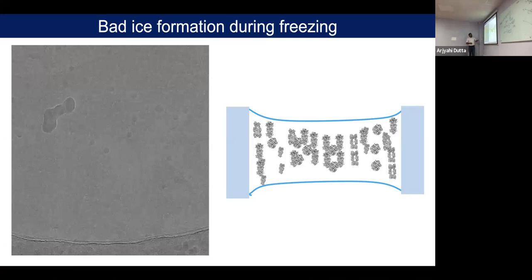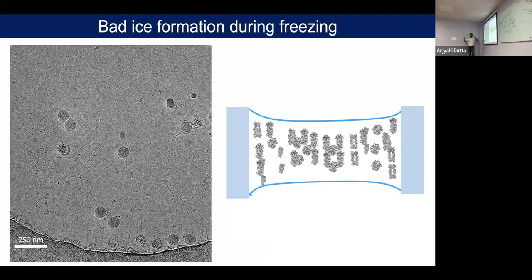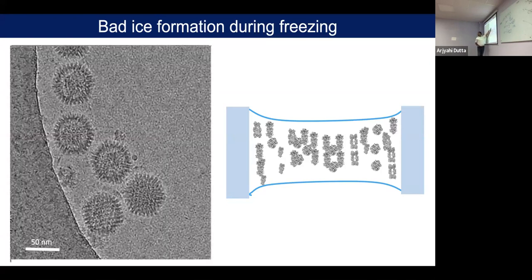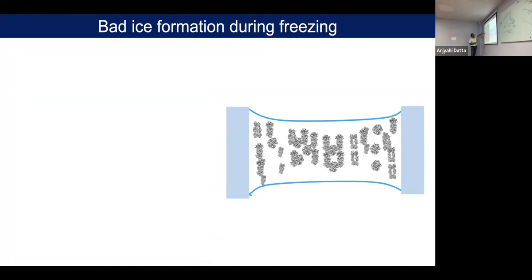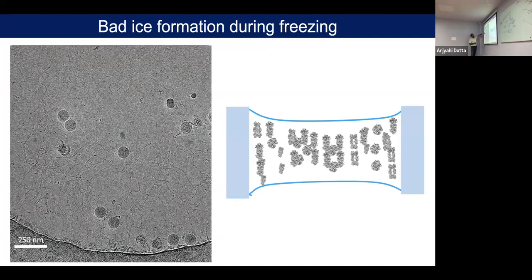Now I want to see a virus particle or a liposome. They always stay near this carbon area, because you can see the thickness of the ice is much higher. This is the carbon and this is where the ice starts.